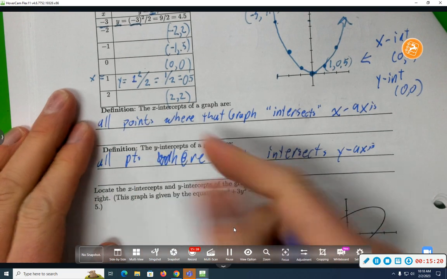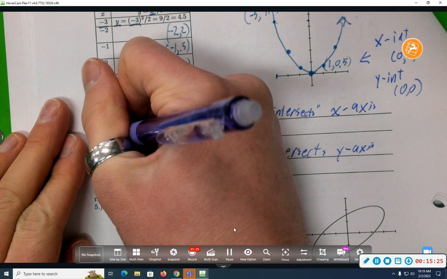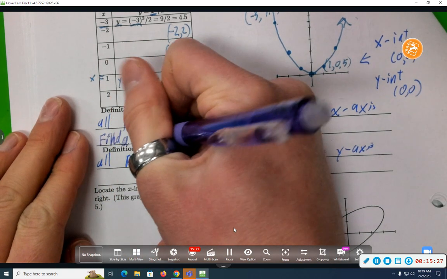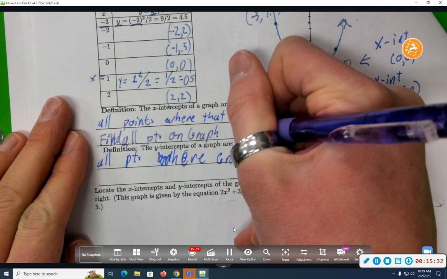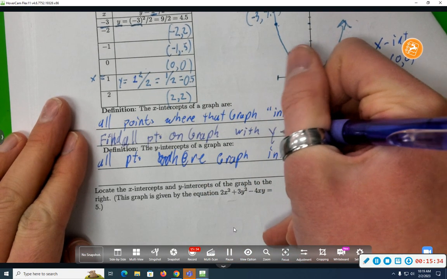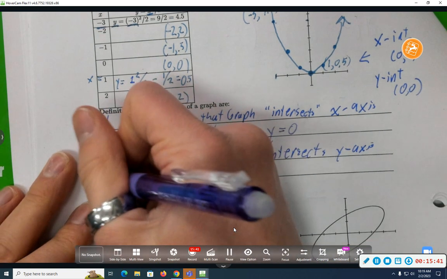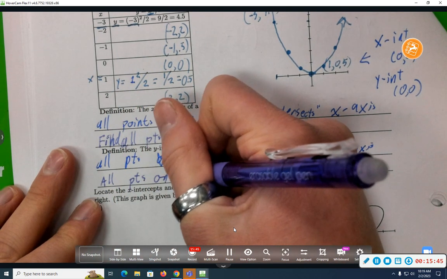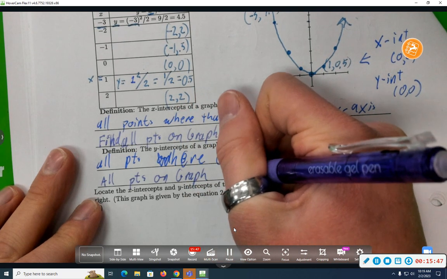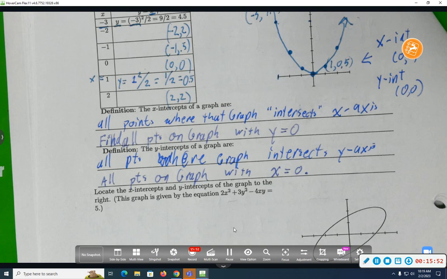So to find the x-intercepts, you want to find all points on the graph with y equals 0. If you want to find the x-intercept, plug in y equals 0. If you want to find the y-intercepts, you want to find all points on the graph with x equals 0. That seemed pretty okay?